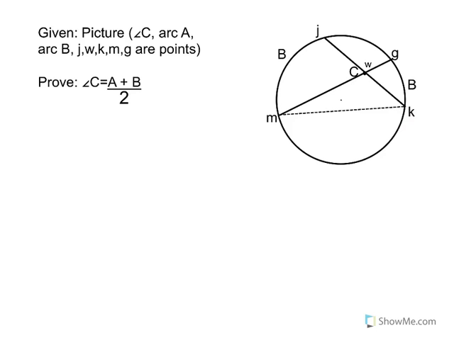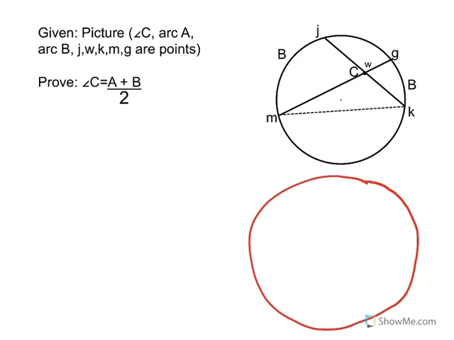So now we're going to look at two lines that are crossing inside of a circle. Let's look at it with some numbers to remember what it was that we were talking about. So two lines that don't meet at the center. Let's say that this arc is 40 degrees and that over here is 80 degrees.